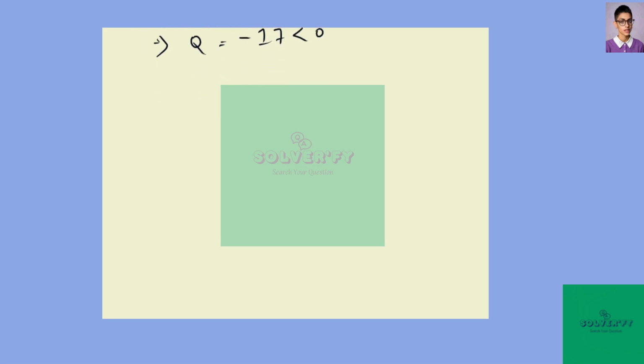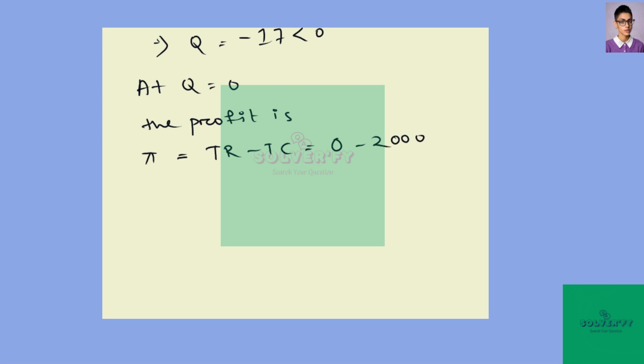At Q equal to 0, the profit is pi equal to TR minus TC, that is 0 minus 2000, that is minus 2000. At Q equal to 250, the quantity demanded would be 0 since the demand function implies that P would be negative.